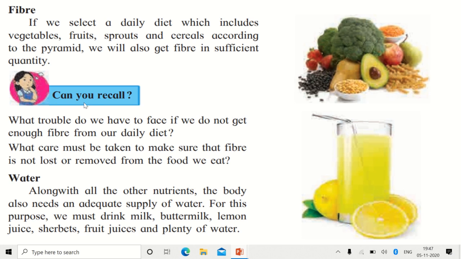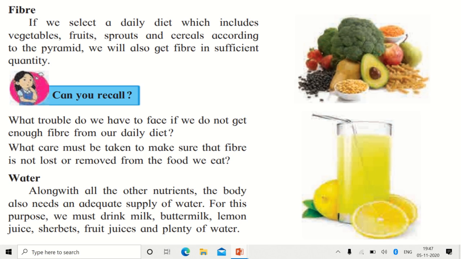Here you can see two questions are asked. Can you recall what trouble do we have to face if we do not get enough fiber from our daily diet? So what will happen if we don't take enough quantity of fiber?